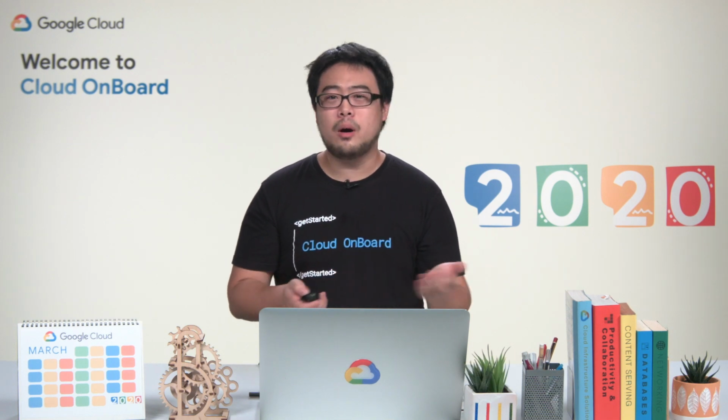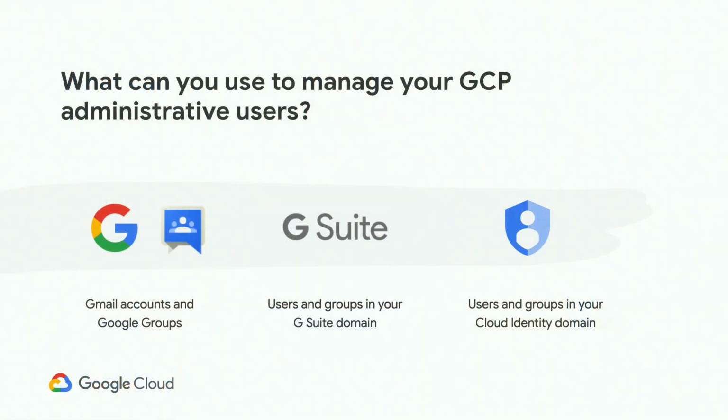So what about the identification itself? For servers and services, yes, we can create service accounts, but what about us as users? Here at Google, you can use Gmail or Google Groups, or you can use G Suite or even Cloud Identity. Those are what take care of your identities, because these identity systems are not part of Google Cloud.